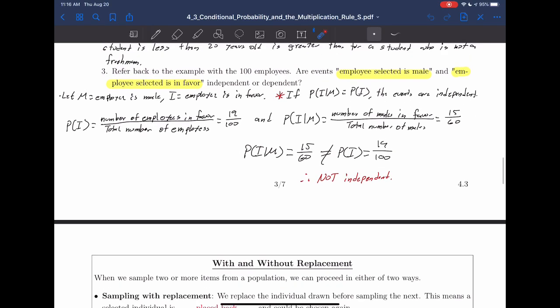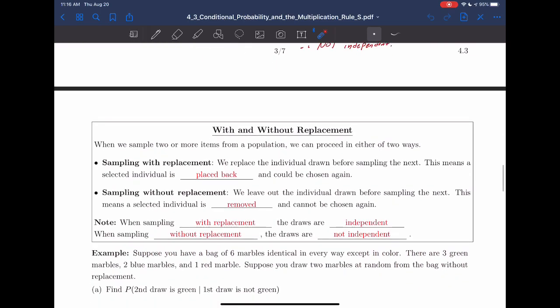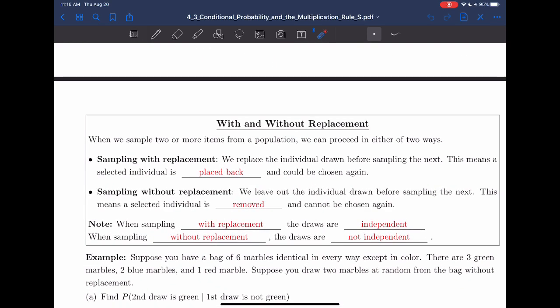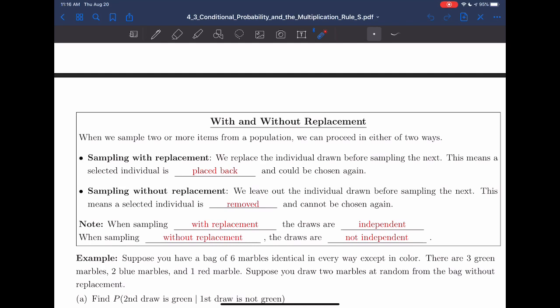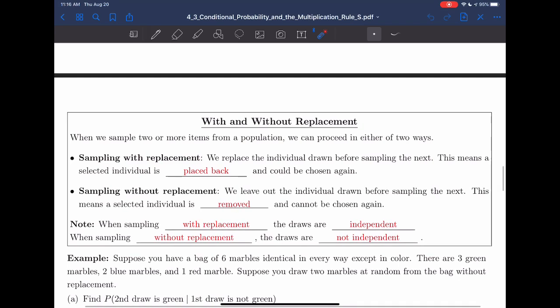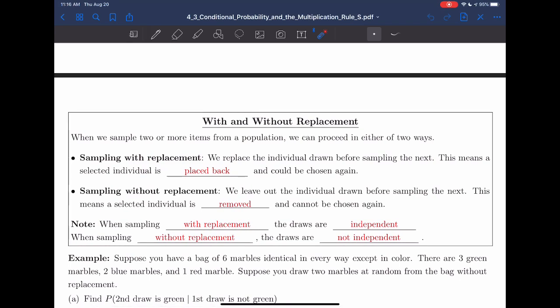One thing I want to talk about is sampling with and without replacement. When we do some sort of sampling from a population, you could do it one of two ways: sampling with replacement or sampling without replacement. Sampling with replacement just means that when you select an individual from your population, you're able to place it back so it could be chosen again.